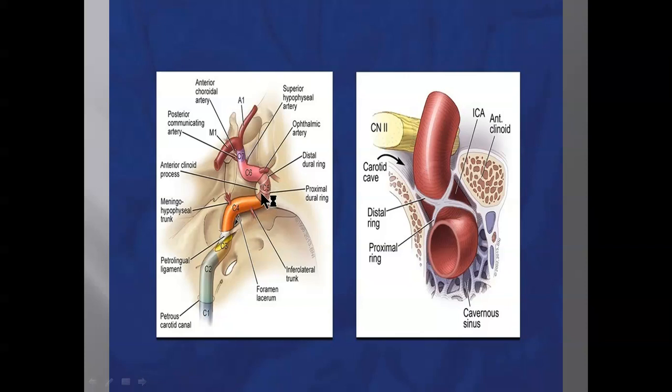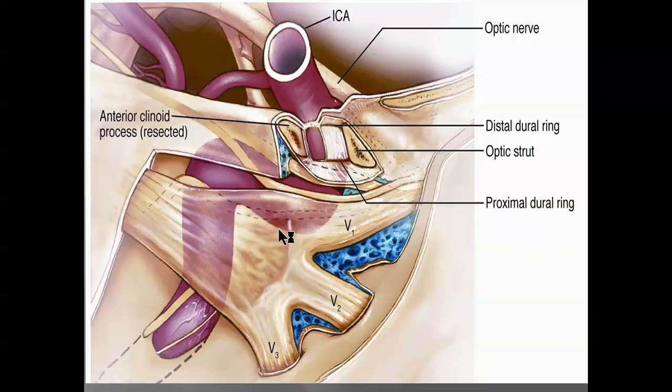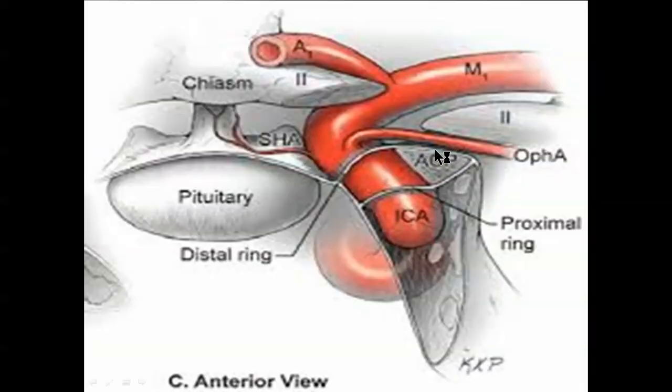So over here we can see in the clinoid segment, we have the proximal dural ring and the distal dural ring. So once the internal carotid artery passes above the distal dural ring, it enters into the subarachnoid space. So C5 here is the clinoid portion. Since we have the anterior clinoid process here, this is all the clinoid segment, which wasn't named in the Fischer classification.